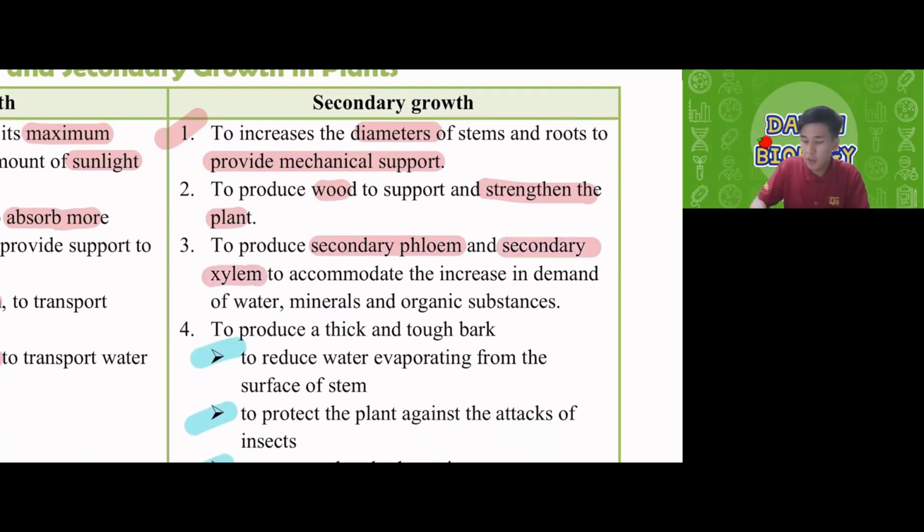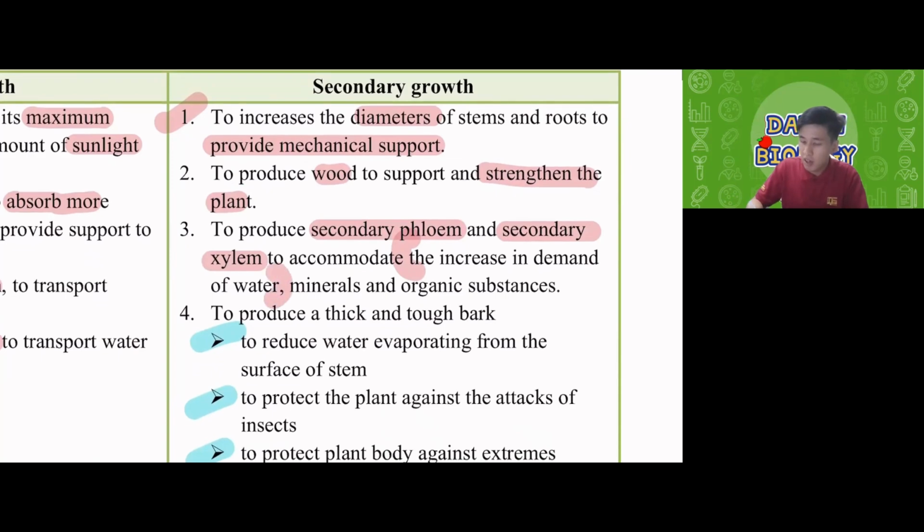So what's the purpose of secondary phloem and xylem? Because as the plant goes bigger, you need more xylem, more phloem to meet the increased demand of water, mineral, and organic substance. Meaning as you grow bigger, you need more water, more organic substance. So that's why you need more phloem, more xylem. That's what the secondary phloem and xylem is for.